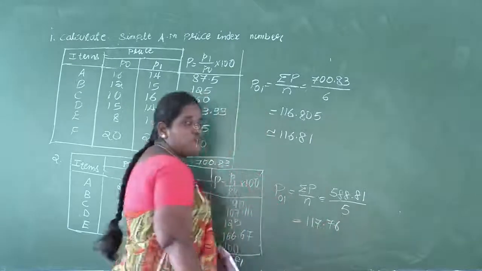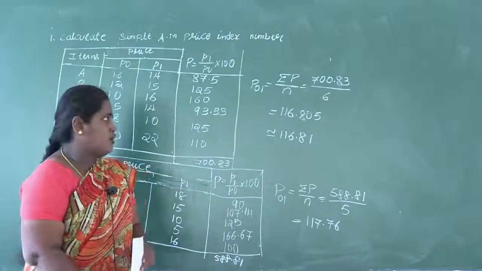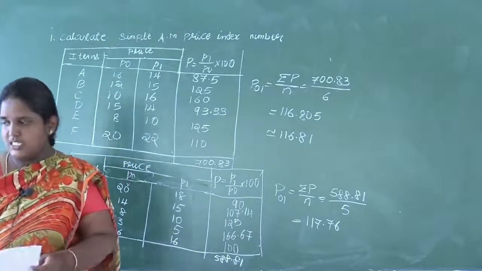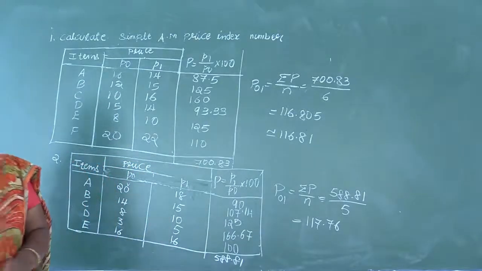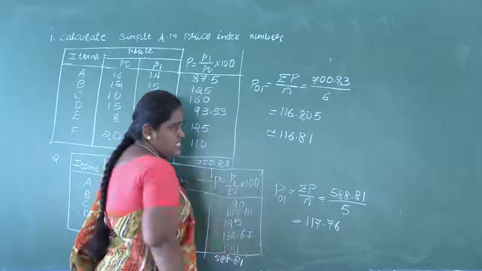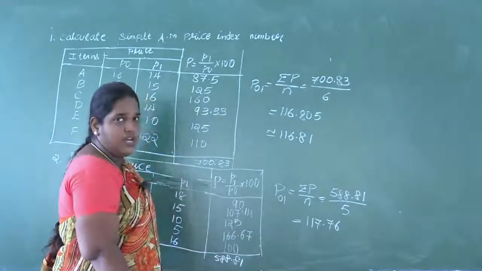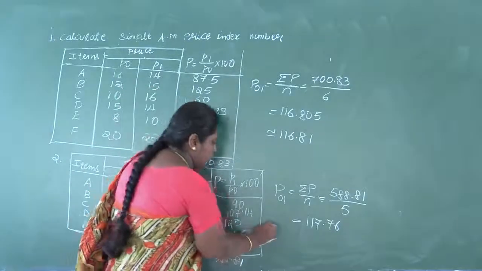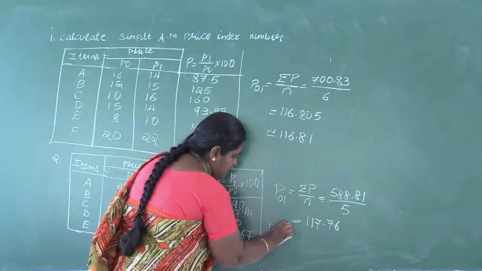117.76. For geometric mean they want us the conclusion, but in the arithmetic mean sometimes they can ask the conclusion. So if you have to write the conclusion for this, how do you write the conclusion? When we subtract the answer with 100, 117.76 with 100, we'll get 17.76.